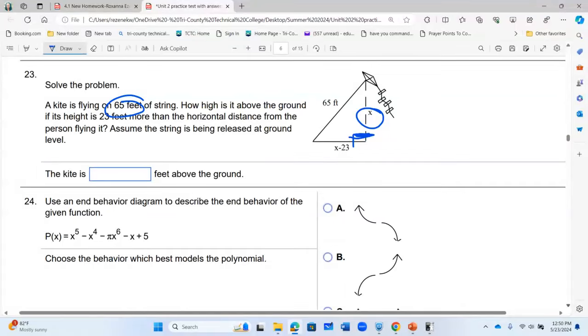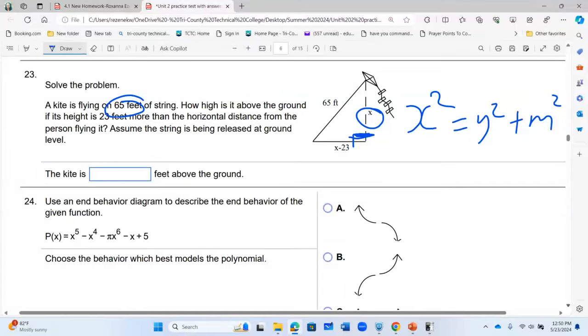Because you can use the Pythagorean theorem. The square on the hypotenuse side, let's say the hypotenuse side is c, is equal to the sum of the squares on the other sides. a squared plus b squared. Or I can say a squared plus b squared is equal to c squared.